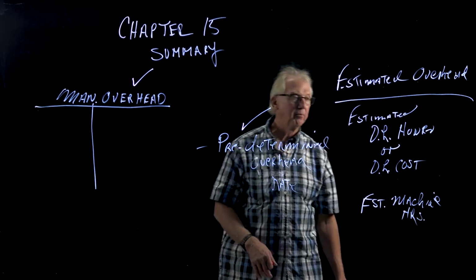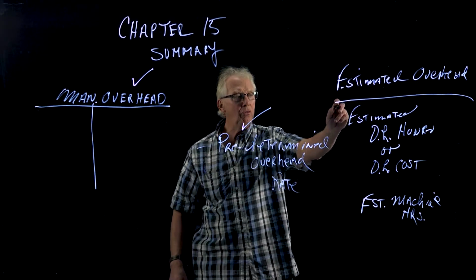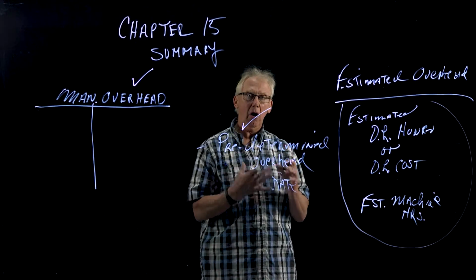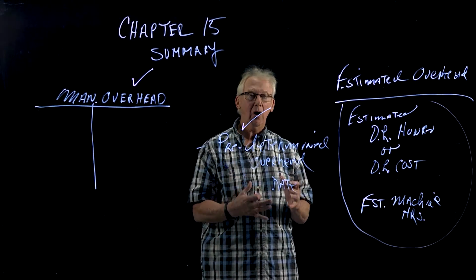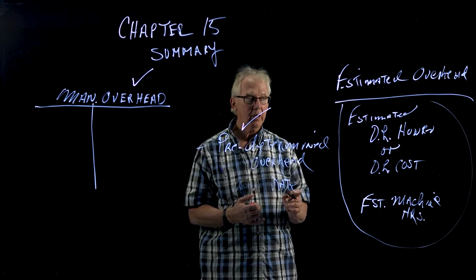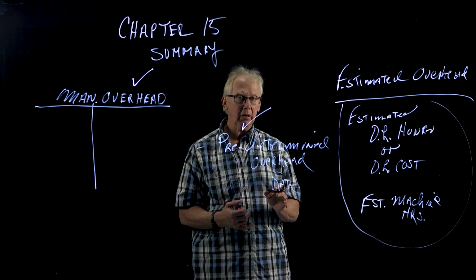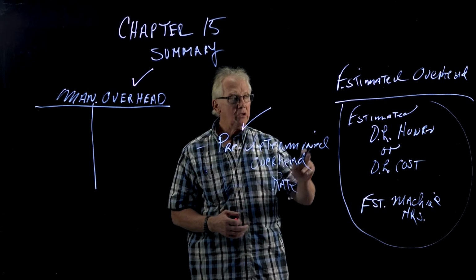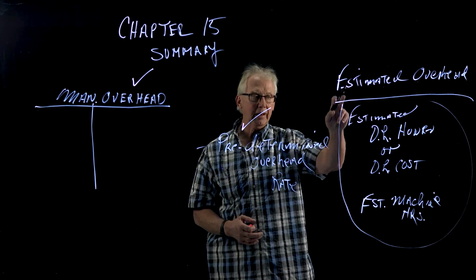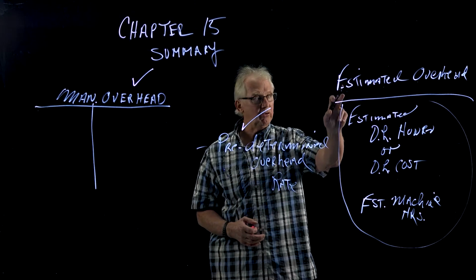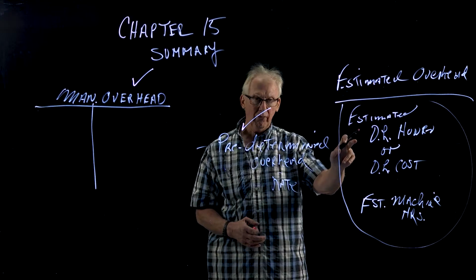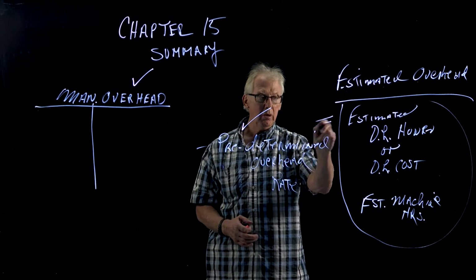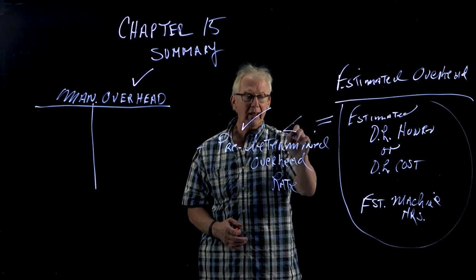And what we call this denominator here is our base, our allocation base. And the thing to remember when you're putting your predetermined overhead rate together, you need to look for the word estimated, okay? Because it's always estimated overhead over an estimated base that gives you this predetermined overhead rate.